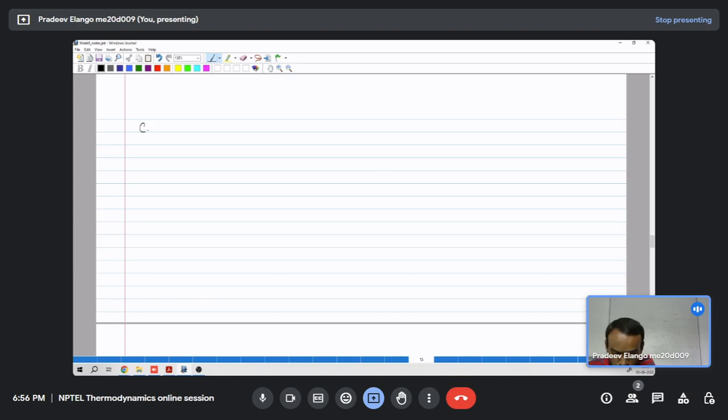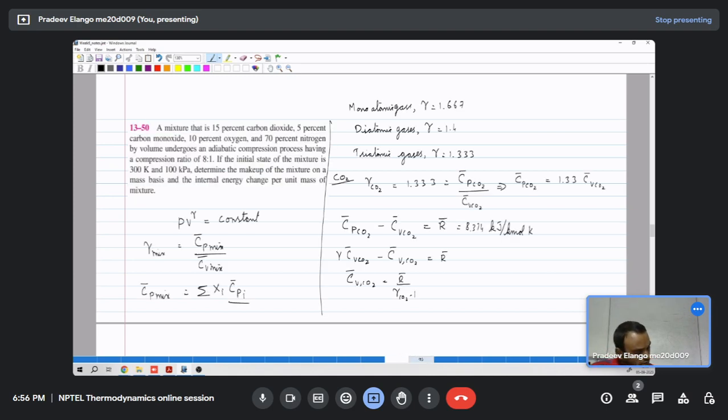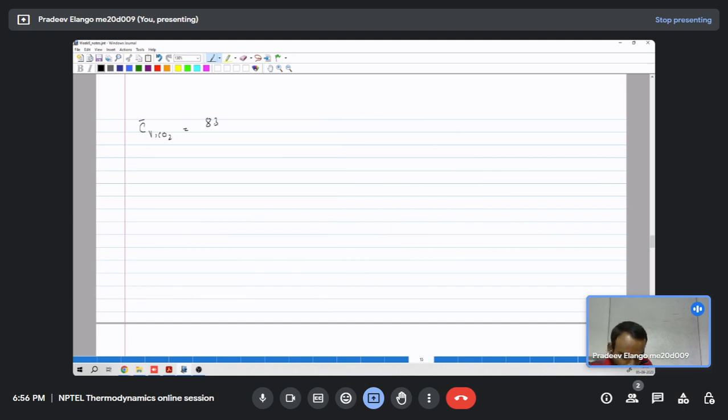So Cv bar of CO2 is 8.314 by 1.33 minus 1. This is 25.194 kilojoule per kilomole Kelvin.